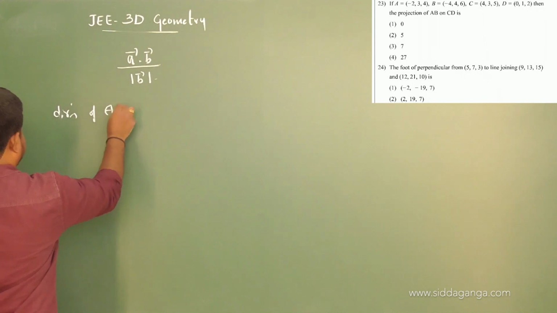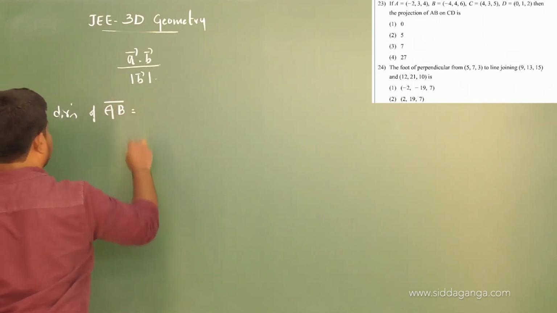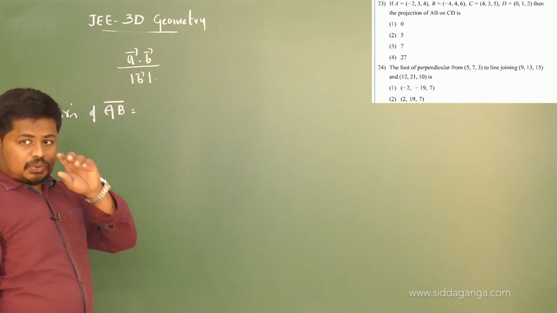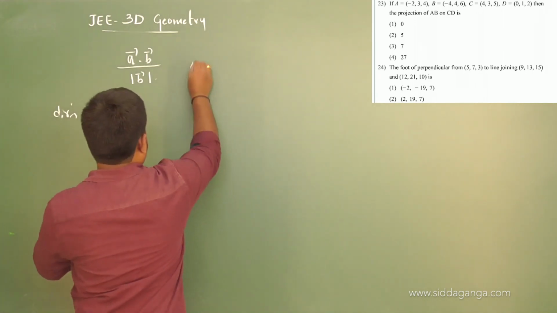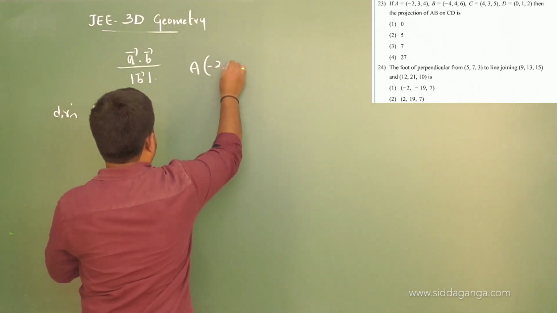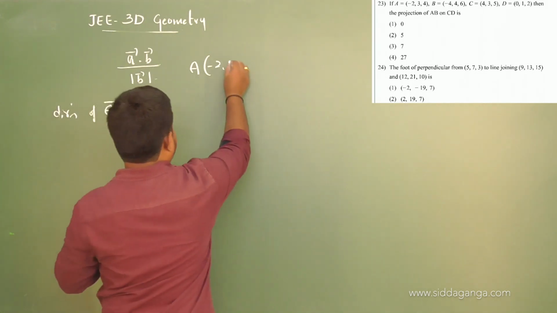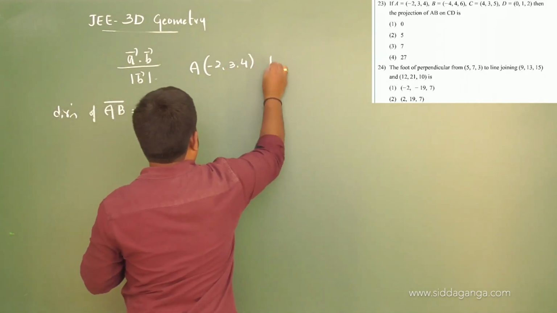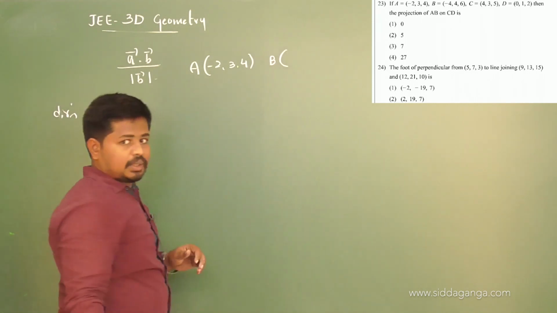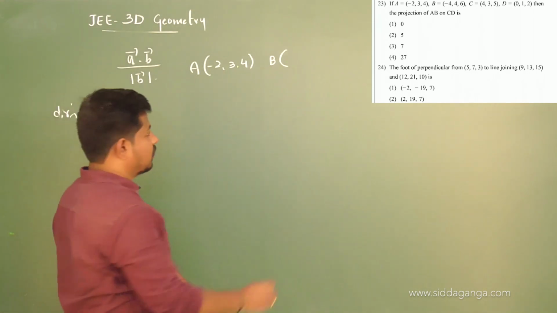The direction ratios of AB are x2 minus x1. So here we have A as (-2, 3, 4) and B as (-4, 4, 6).